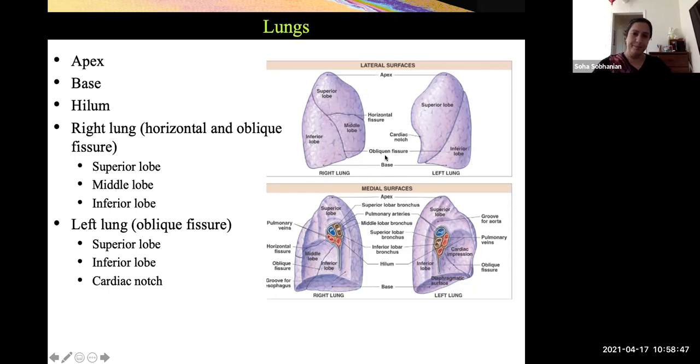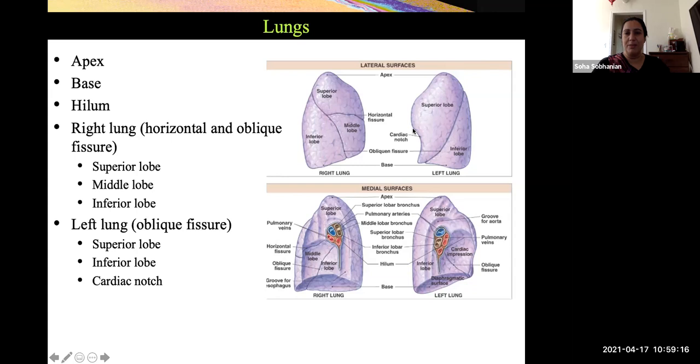I think there's just a misspelling here. It's not obliquan, it's just oblique. And then on the left-hand side, you only have 2 lobes and the separation line is just the oblique fissure. And fissure simply means a big cut, a deep cut that literally separates the organ into little pieces.